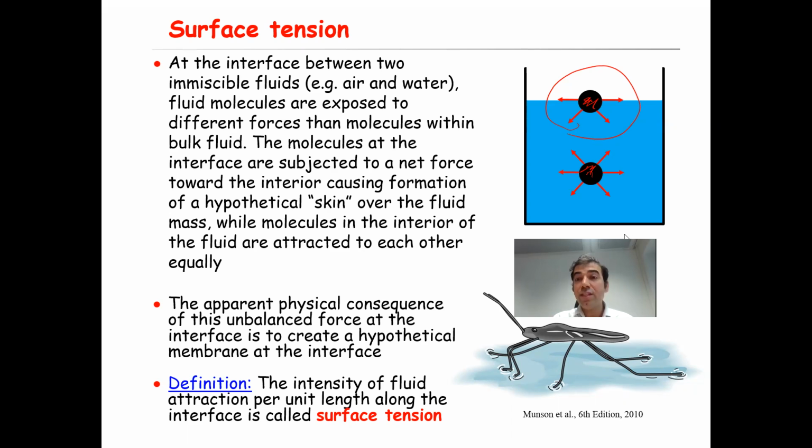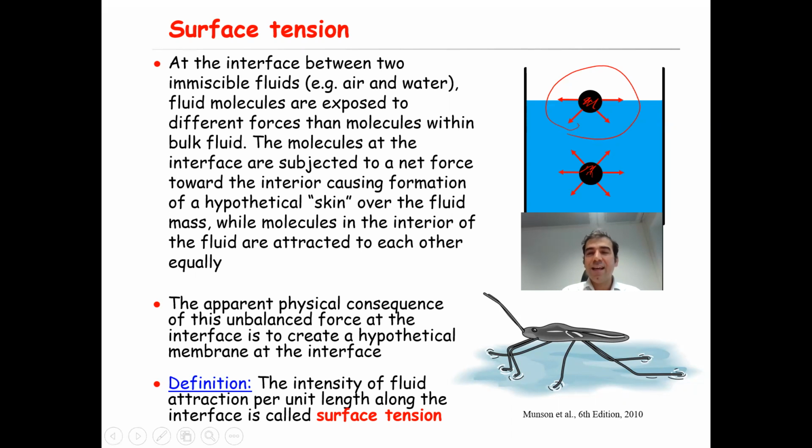This hypothetical skin is what makes it possible for an insect to sit on water, or, if you do it gently, for you to place a clip on water. So here is the definition: the intensity of the fluid attraction per unit length along this interface is called surface tension.